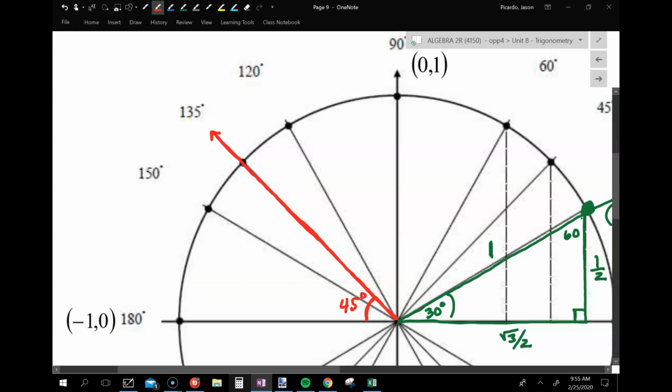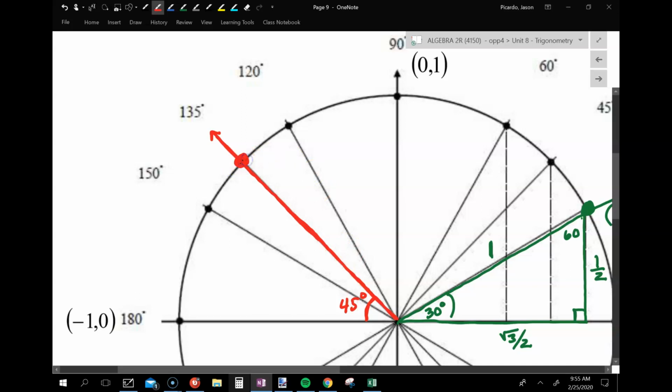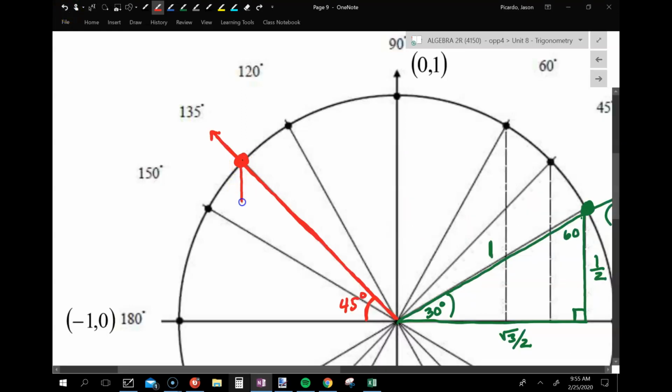Now, ready? From this point, which is on my angle of interest, I'm going to drop straight down so that I am what? Perpendicular to the x-axis. So if this is 45 and this is 90, what does this angle up here have to be? 45.